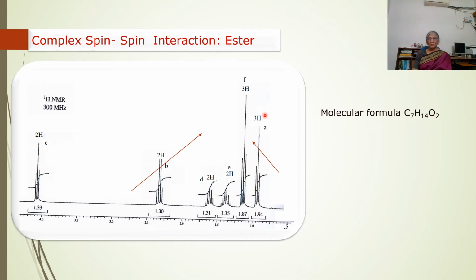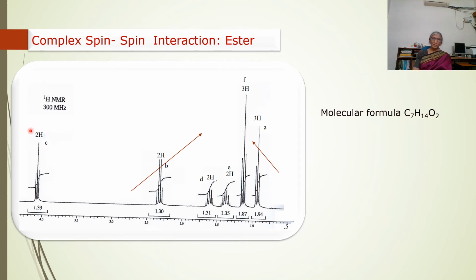So, signal A is given by 3 equivalent protons, signal F by 3 equivalent protons, signal E by 2, signal D by 2, signal B by 2, and signal C is also given by 2 equivalent protons.